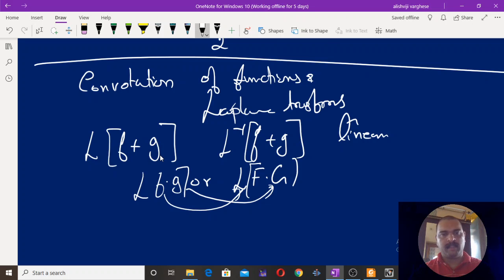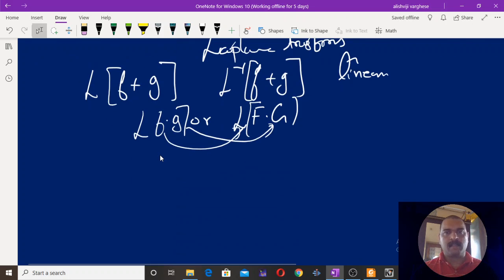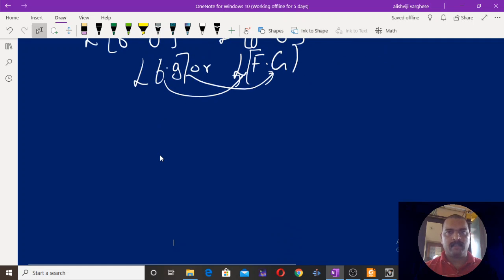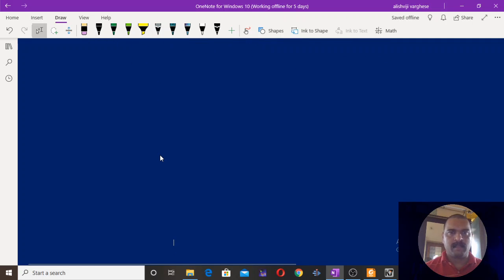When we think about the Laplace transform of a product of two functions, how can we relate them? That is the inspiration behind the convolution theorem, and we'll discuss the convolution theorem in our next session. For the time being, this is enough, and I recommend you work out a number of problems.